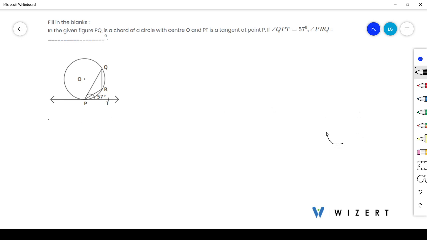Here we have been given a circle with center at O. Then PQ is a chord of the circle.